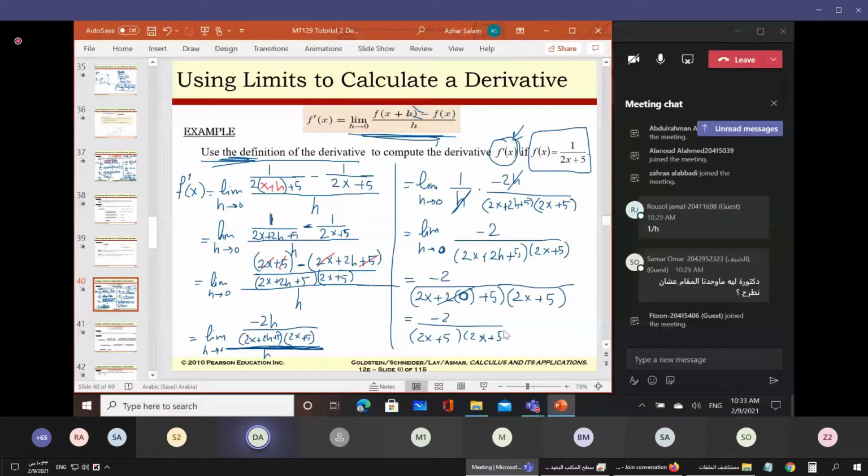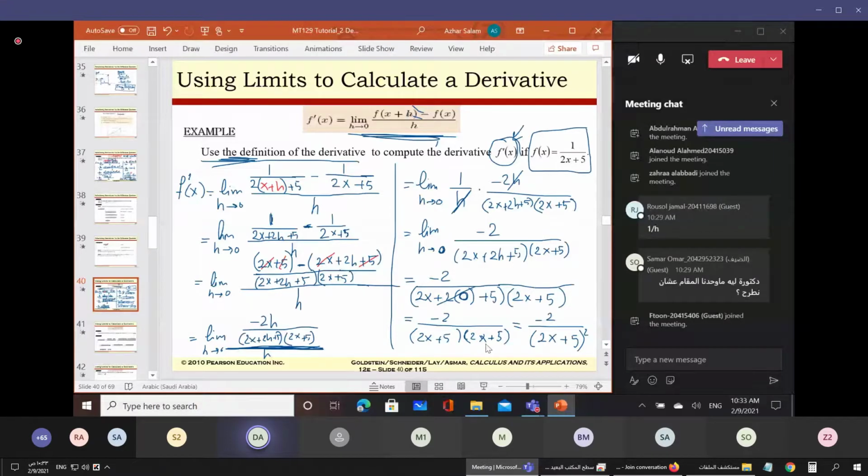This is the result. I notice here that these are the same inside the brackets, so I can just write it like minus 2 divided by 2x plus 5 squared. This is the final result.